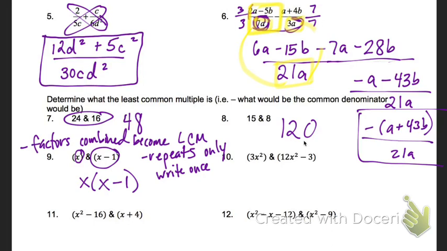Okay, number 10. So I have 3x squared, and then I have 12x squared minus 3. If I took a 3 out of this, 4x squared minus 1, then my least common multiple, these both have a 3 in common.